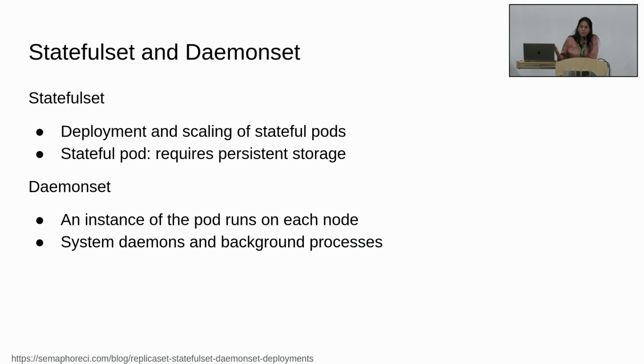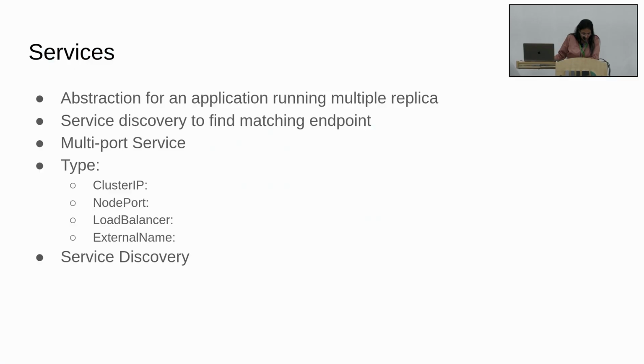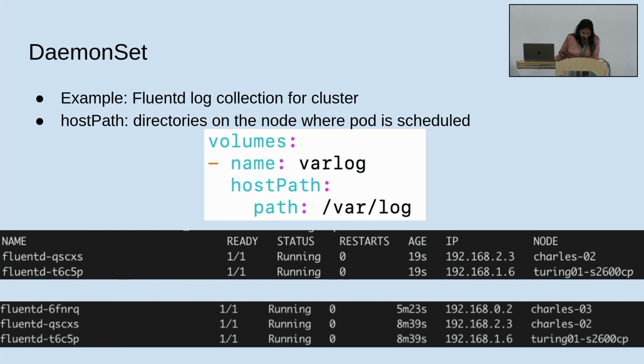It can happen that one node has two replicas of your Nginx pod running and another has nothing running. But if you create a DaemonSet, because we want some special operations to be done, it makes sure that you have a pod running on each of these worker nodes. An example, as I said, was collection of logs with a pod on each node.